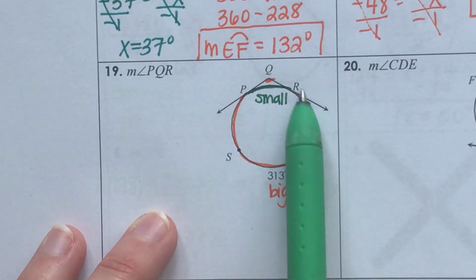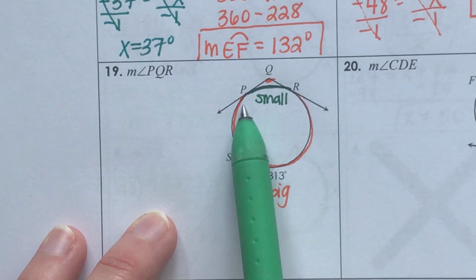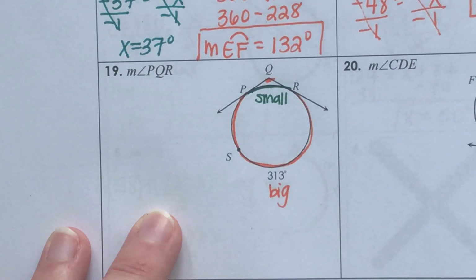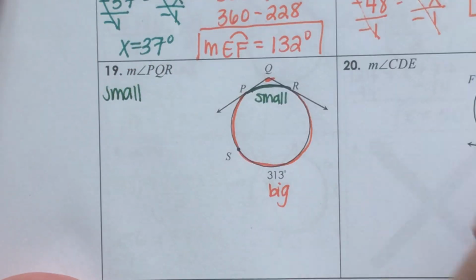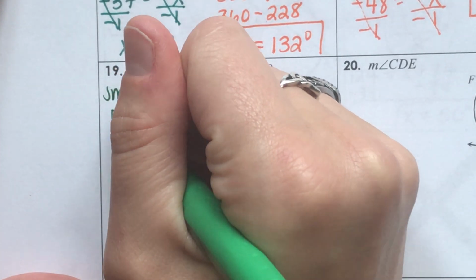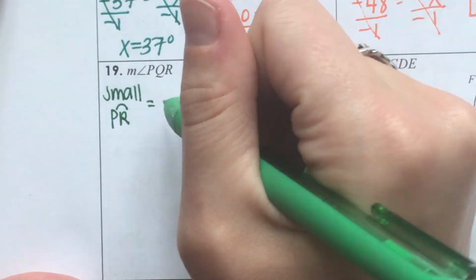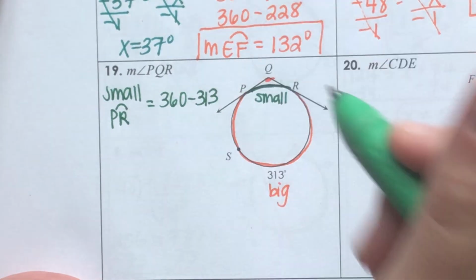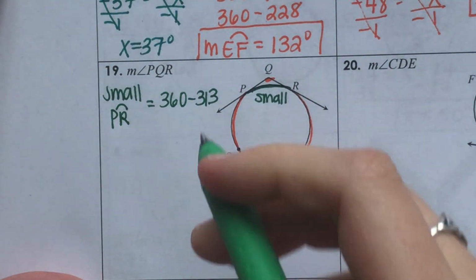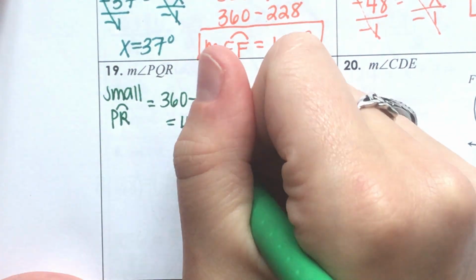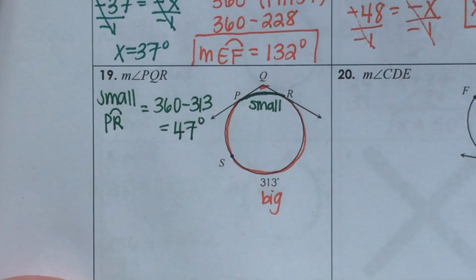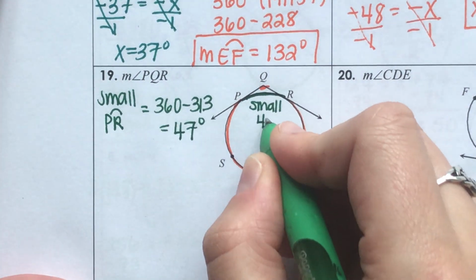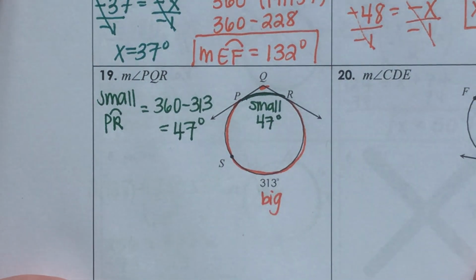So if I take 360 and subtract the orange, I'll be left over with just the green. So I can figure out what my small arc, PR, is super easily. I'm just going to take 360 and subtract 313. If I do that, I get 47 degrees. So that at least gives me this small one over here.